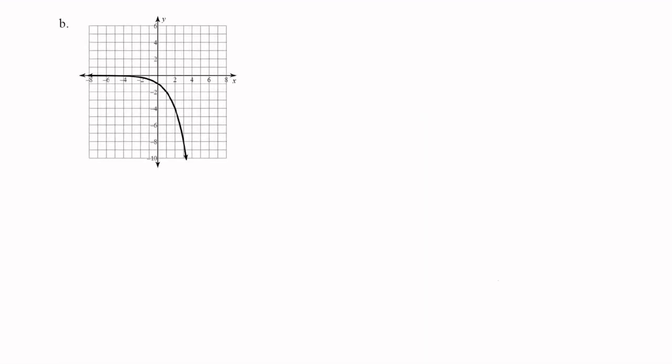For b, we have k is 0 because our horizontal asymptote is at 0. It's on the x-axis. Our h is also 0 because the point closest to the asymptote is along the y-axis. It's still on the intercept. And a is -1 because this is reflected. So we have y equals -2 to the x.